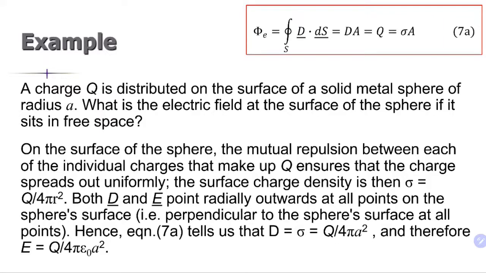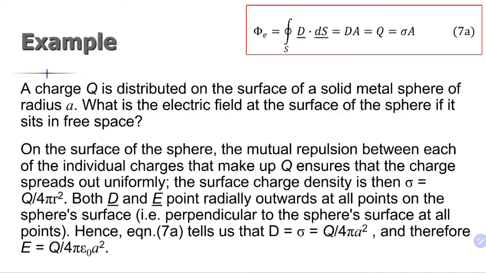Okay, so here I'm just going to go through it so you don't really have to solve it. On the surface of the sphere, the mutual repulsion between each of the individual charges that make up Q ensures that the charge spreads out uniformly.